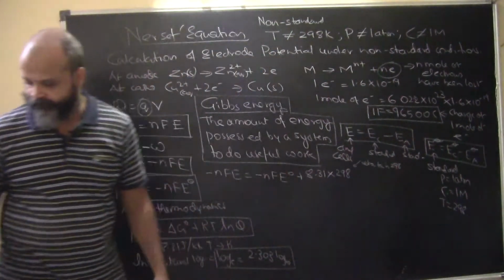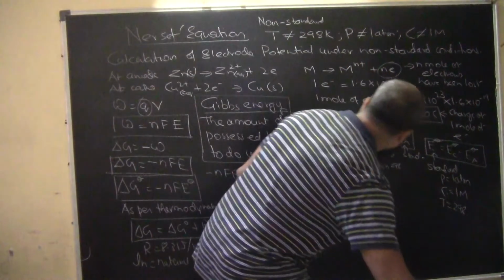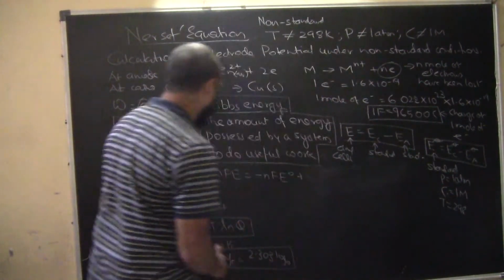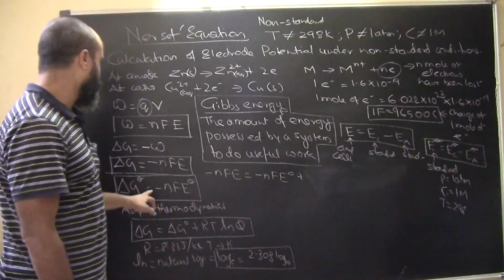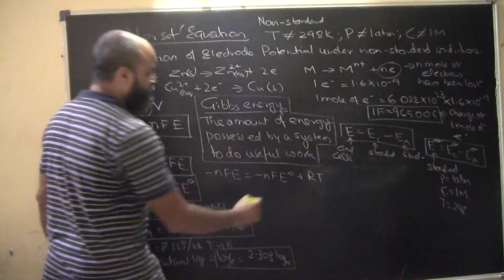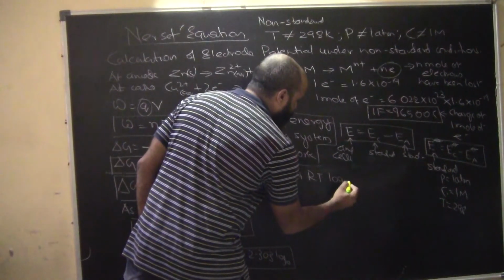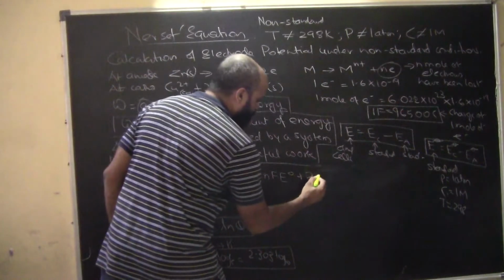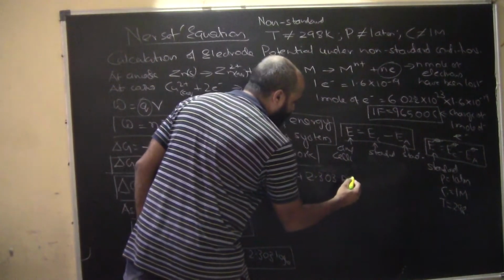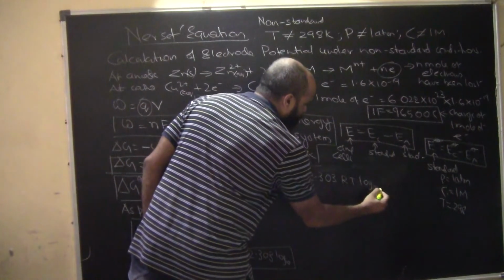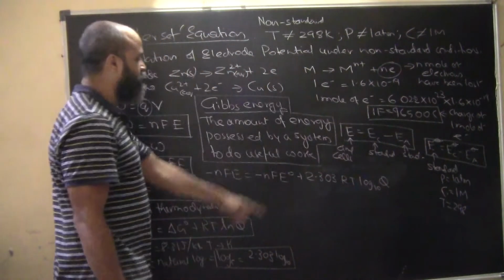Or rather, first let's derive the equation. Instead of putting values, let's derive the equation first in its format. Minus nFE equals minus nFE naught plus 2.303 RT log base 10 of Q. Now what is this Q?